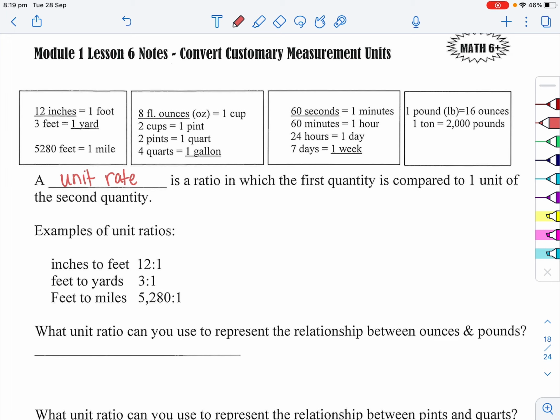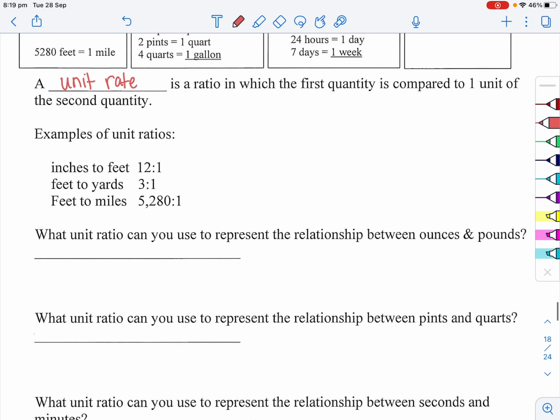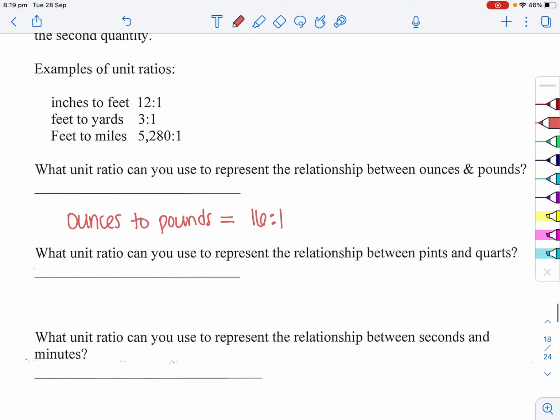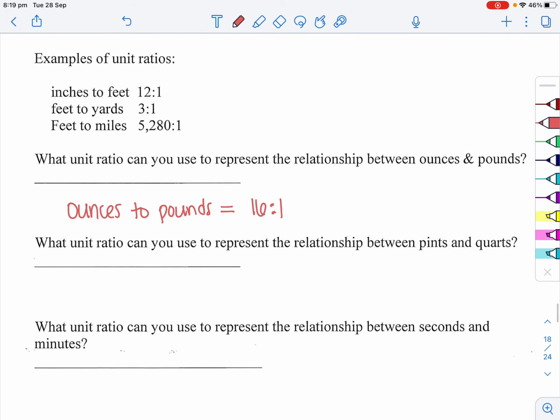This first question says, what unit ratio can you use to represent the relationship between ounces and pounds? Ounces to pounds is 16 to 1. What unit ratio can you use to represent the relationship between pints and quarts?